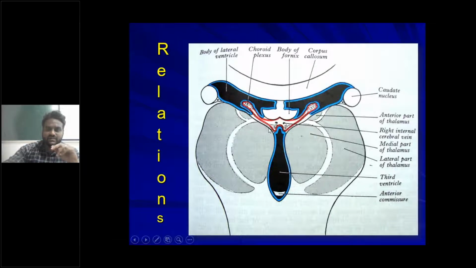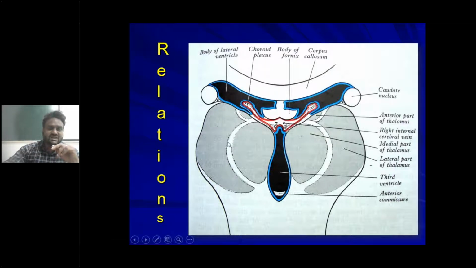The non-ventricular part of the thalamus is related to the choroid plexus or choroid fissure of the third and lateral ventricle, and also the fornix. The medial surface is related to the lateral ventricle and third ventricle; that means it forms the lateral boundary of the third ventricle. The inferior surface, as I told you, rests on the hypothalamus and midbrain.